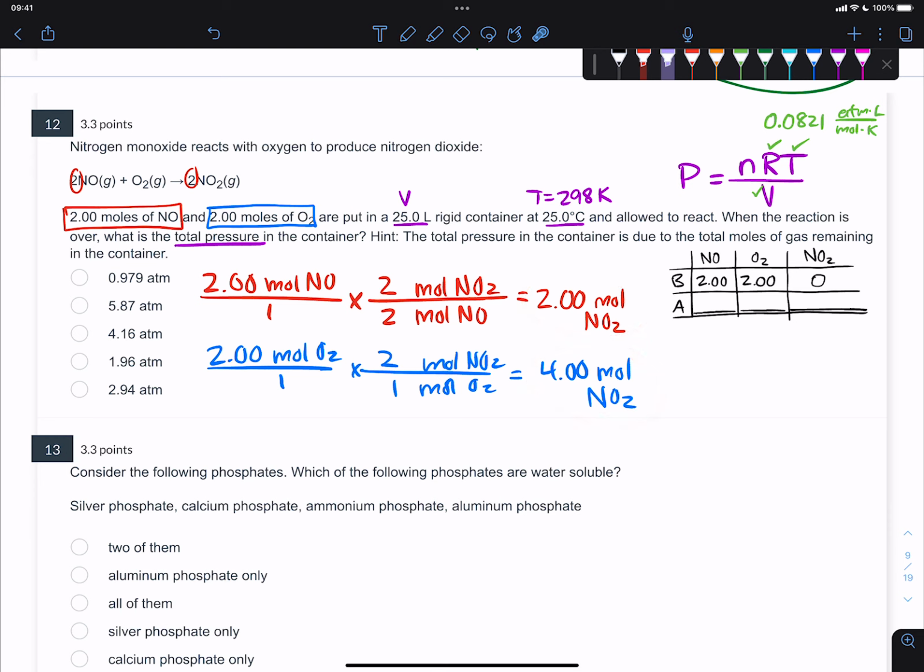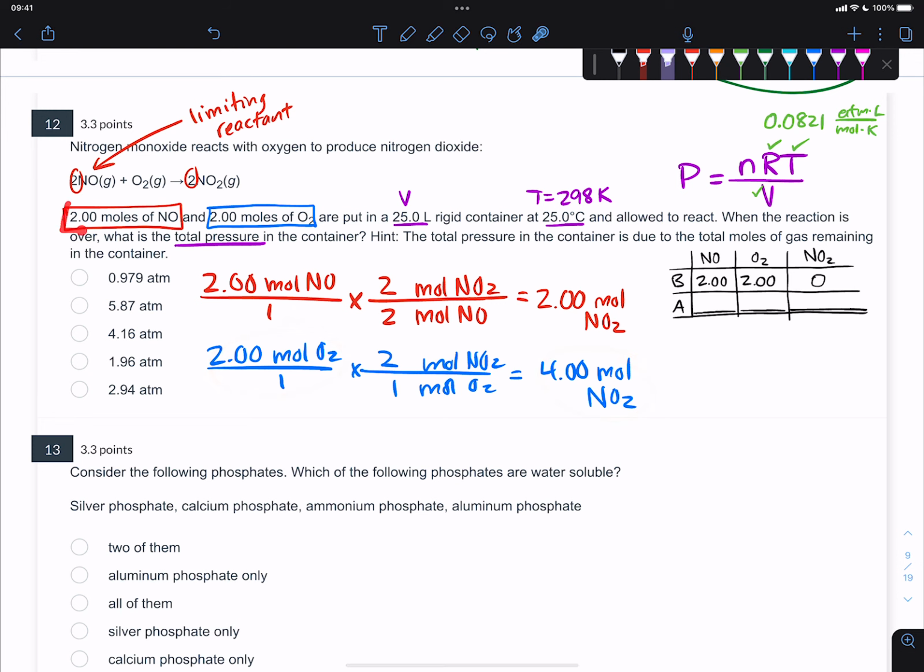Turns out that you have to go with the lowest number. So with the 2 moles of the reactants each, you can only get 2 moles of nitrogen dioxide. The nitrogen monoxide is going to be your limiting reactant, and the oxygen will not run out first. Notice how there's plenty of oxygen to give us more nitrogen dioxide.